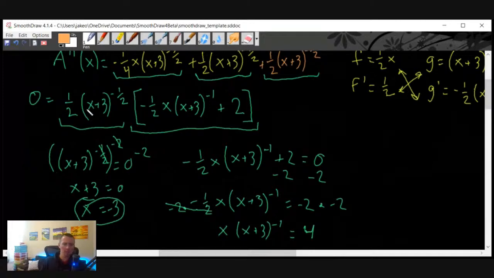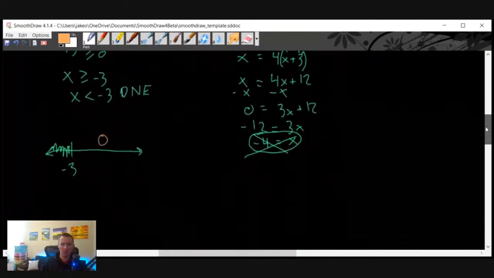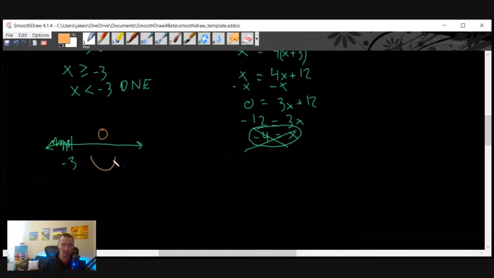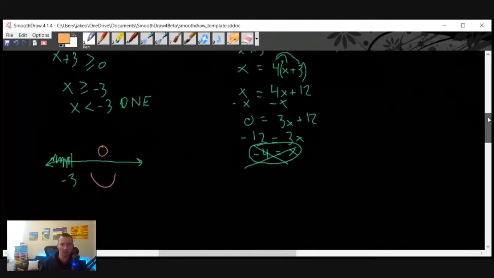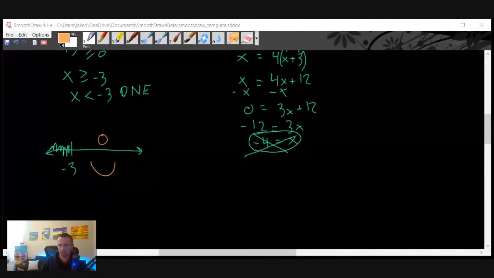If we plugged x equals 0 into this function here, what you would find is that that would give you a positive number, which means that our entire function is concave up. So it's curving up like that. It's like a smiley face kind of. So basically our entire function is going to be concave up all the way through.